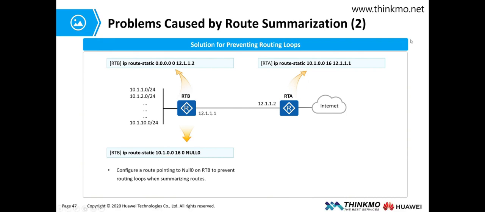Here, if in the future RTB considers the route, for example, 10.1.10.0, then RTA will still send it to RTB, because it thinks that as long as I look for 10.x.x.x, I will send it all to RTB. Here, RTB's routing table also has the specific details besides the summary, and also has the 10.1.0.0/16 route.